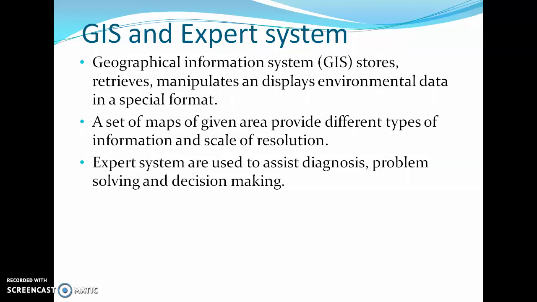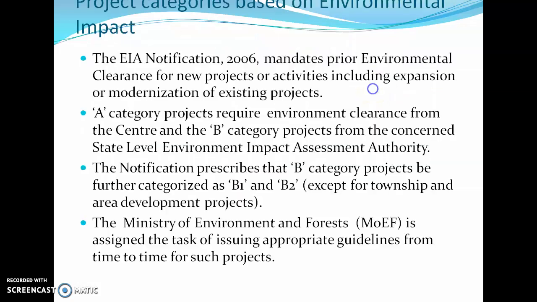Expert systems are also used to assist diagnosis, problem solving and decision making. So these are the 5 tools that can be used to assess the environmental issues, environmental impacts. The last point in this chapter is project categories based on environmental impact.